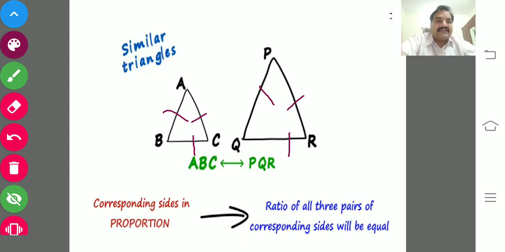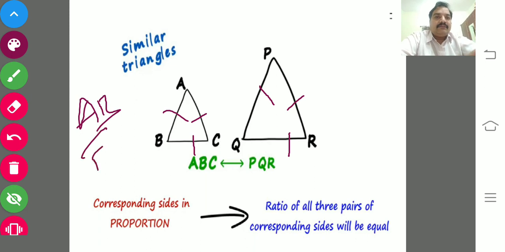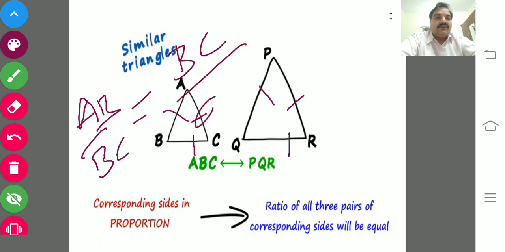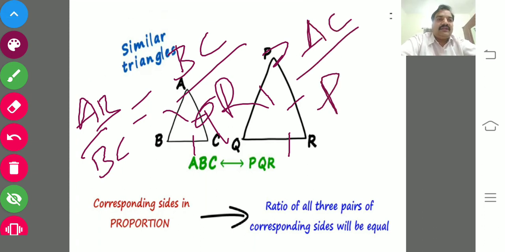The second characteristic is that the ratio of all three pairs of corresponding sides will be equal. So the ratio means AB by PQ equals BC by QR equals AC by PR.